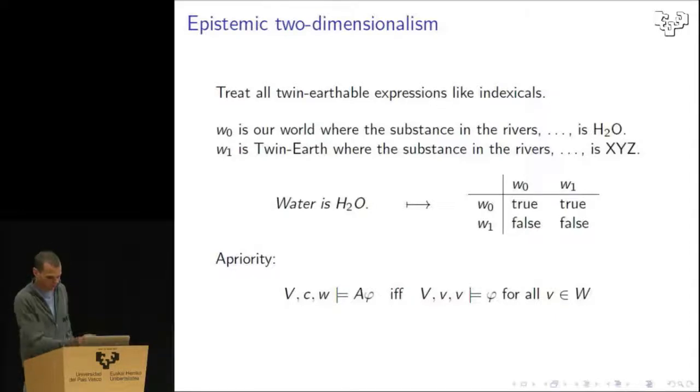So that sentence, water is H2O, relative to the context of our world, expresses a necessarily true proposition, because it basically becomes that H2O is H2O, and that's true no matter where we are. But at twin Earth, this expression water would pick out a different substance, which is XYZ. And then at twin Earth, the sentence would in some sense say that XYZ is H2O, which would be necessarily false.